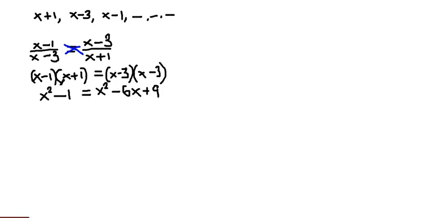Solving this equation by grouping like terms together, the x squared cancels. We'll have 6x is equal to 9 plus 1, which means 6x is equal to 10, or x is equal to 10 over 6.